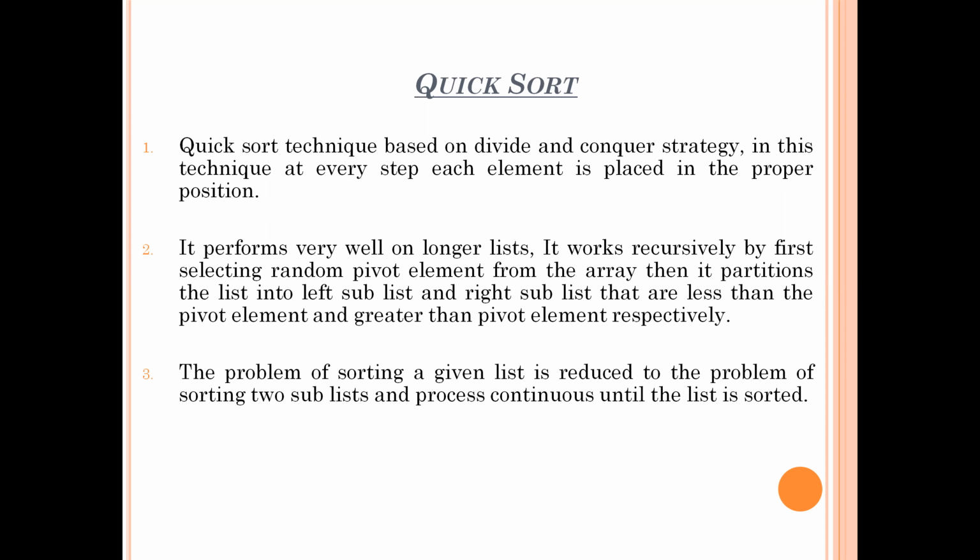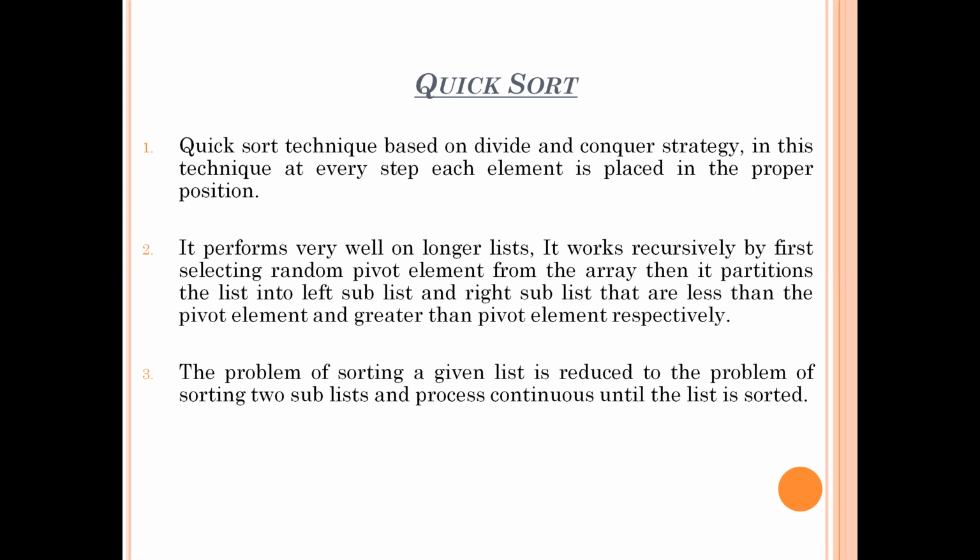If one element is selected, then for one iteration that particular element will be placed. So how many iterations will be done here? Suppose you have 10 elements in your list, then 10 iterations will be done for quicksort. This is very useful for very long lists.